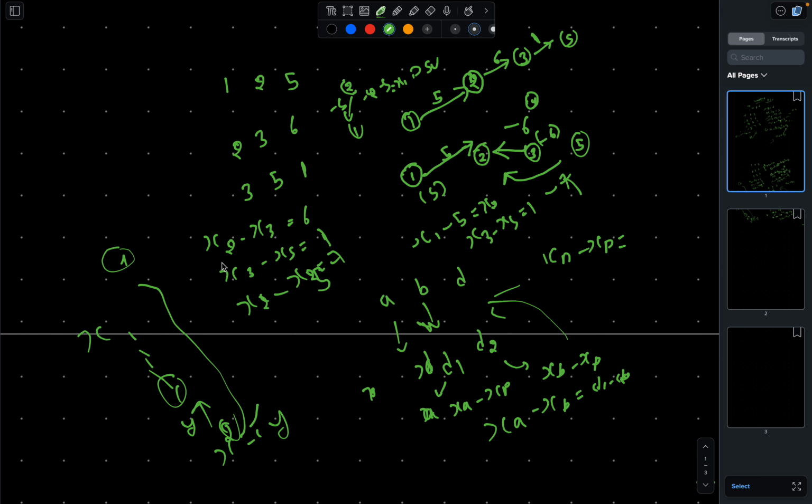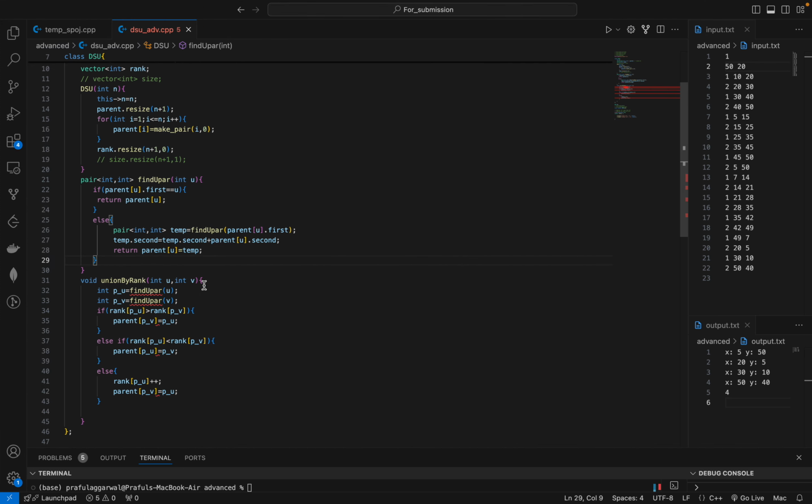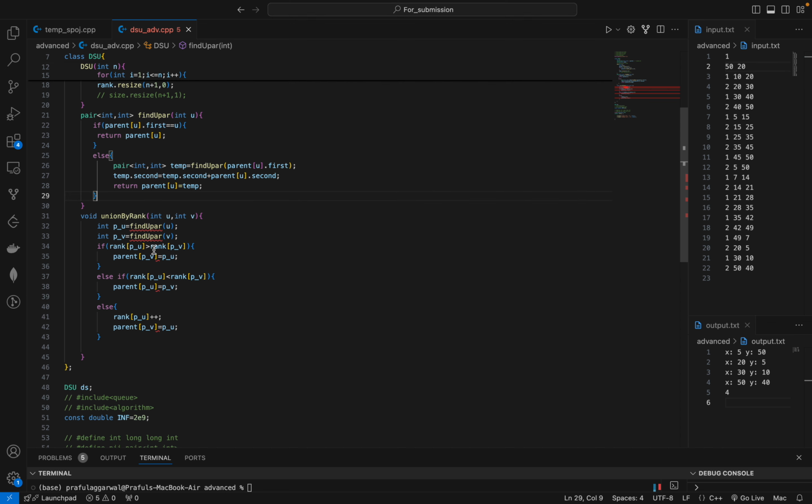So like if 1 2 3 the weights are 2 2, now we will find firstly this and then this will return the ultimate parent is 1 and the weight is 4, so we can just erase this edge and directly attach it there, so next time it will be faster with an edge of 4. So this is what we are doing. Okay, so this was all we need to do for the find ultimate parent.